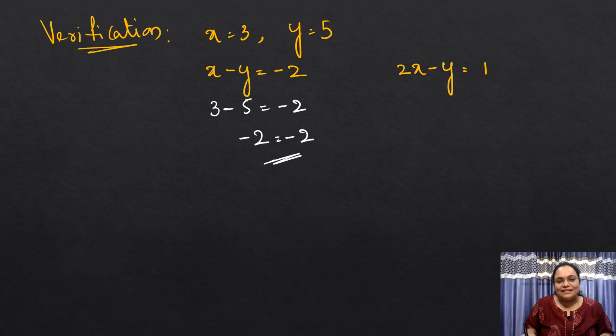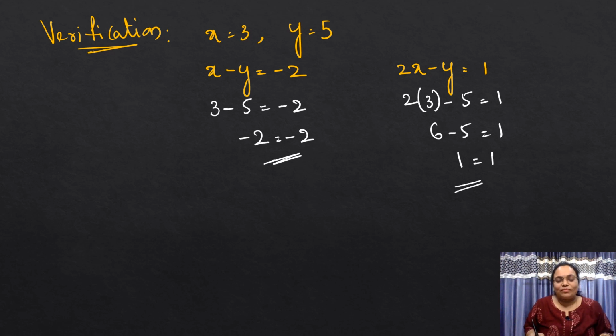It satisfies. Let us do the next equation. 2 of 3 minus 5 is equal to 1. 6 minus 5 is equal to 1. 1 is equal to 1. So we can say that the values of x and y satisfy both the equations on both the sides. Hence verified.